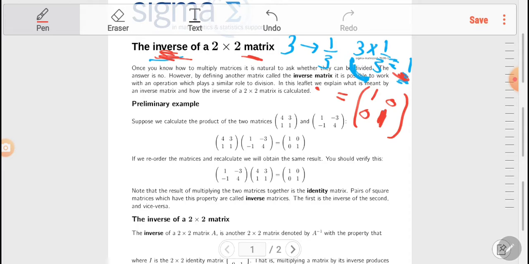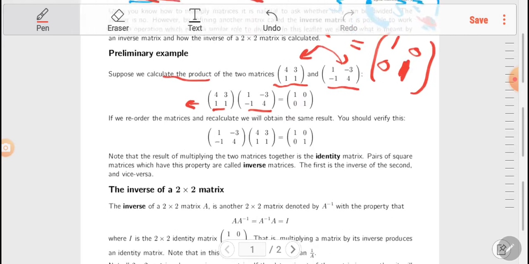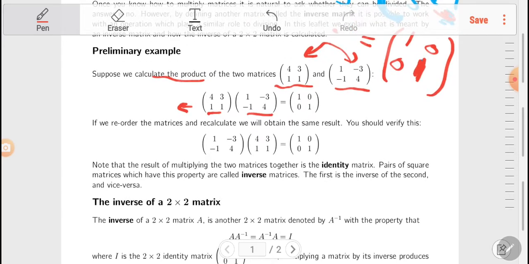Let's start again. Here we have an example. We have two matrices, one here and one there, and we want to calculate the product of them to prove whether they are inverse or not. If we want to multiply the first matrix by the other matrix, we can use our previous lesson about multiplication.